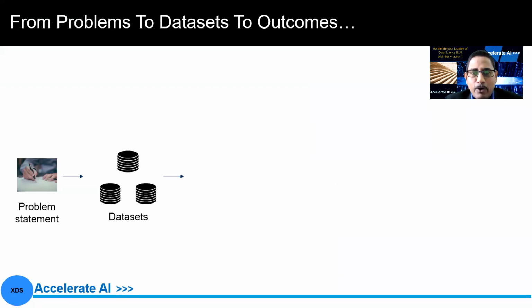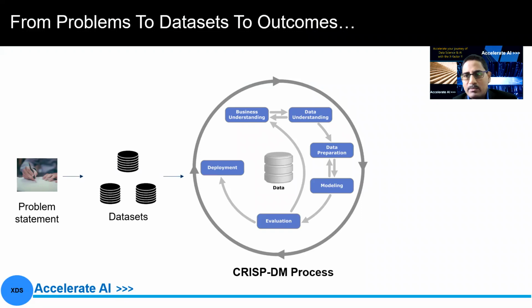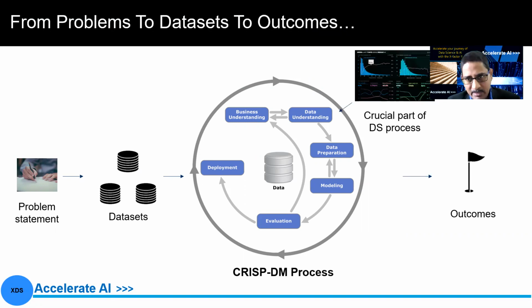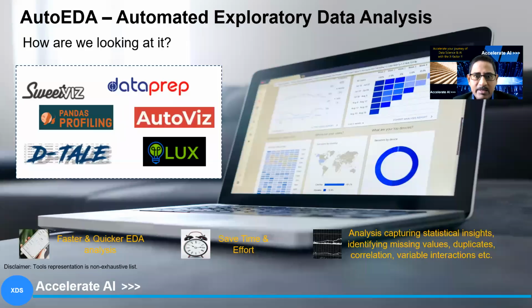And then it follows with the most important data science process, the CRISP-DM process, where we perform iterative experimental approaches to solve a problem and get the outcomes. In the process, we have seen the crucial part is the data exploration, data understanding, feature engineering, and data preparation, and that accounts for approximately 80% of the entire effort that we spend in this process, right?